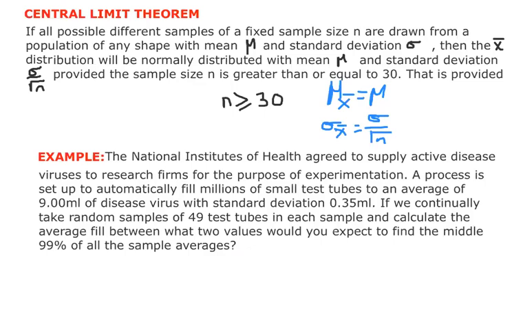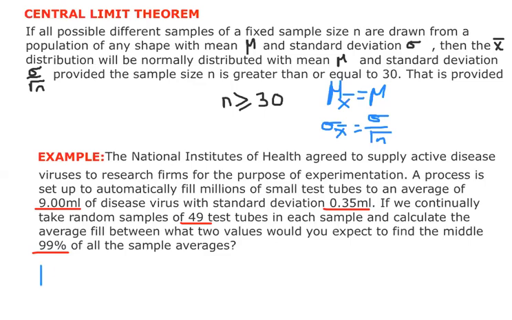So over here we have the average is 9 milliliter, standard deviation is 0.35 milliliter, and we have 49 samples, and we are given the area 99%. So it is a classical working backward question. I always suggest you write down what is given.